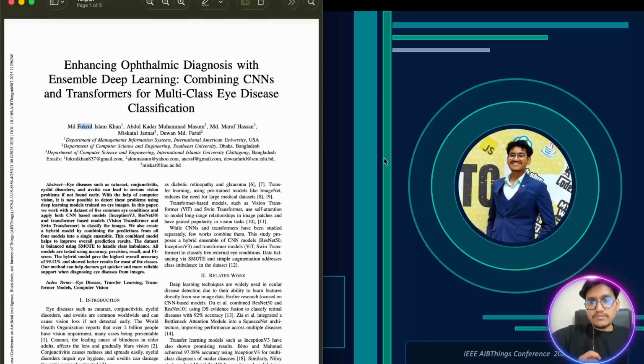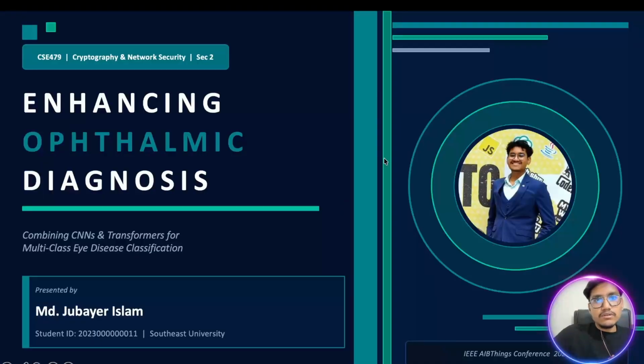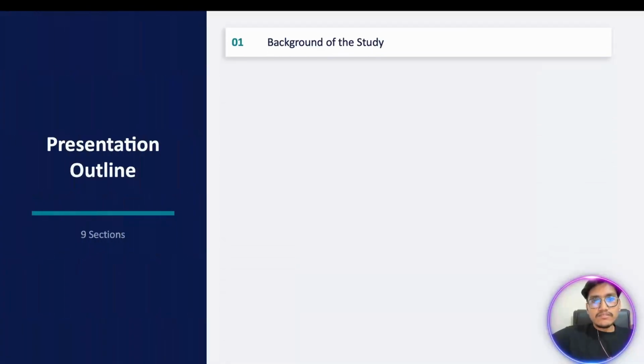Over the next 30 minutes or so, I will discuss this paper with you. So let me first give you a quick roadmap of what we'll be covering today. First, we start with the background of the study, where I will explain why eye disease is such a serious global health problem and why deep learning is being used to address it.